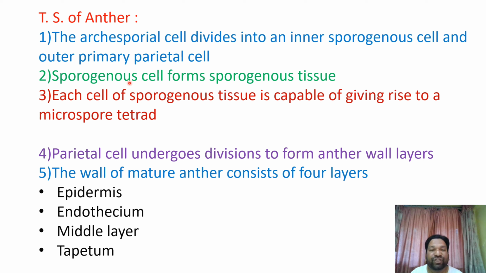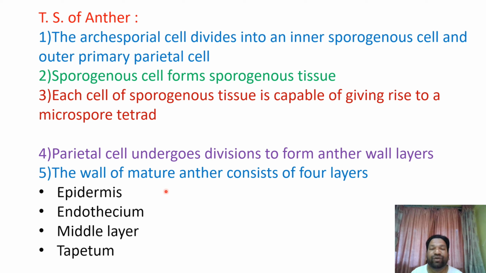The inner sporogenous cell forms sporogenous tissue, and each cell of sporogenous tissue is capable of giving rise to a microspore tetrad, pollen grain, whereas the outer parietal cell undergoes division to form the anther wall layers.